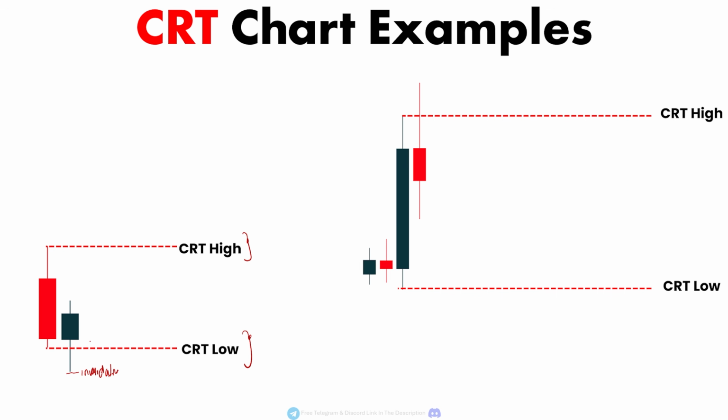Then you will be looking to enter the market long when price trades below this low here, the low of this bearish candlestick. If price does something like this, that means you avoid that trade.